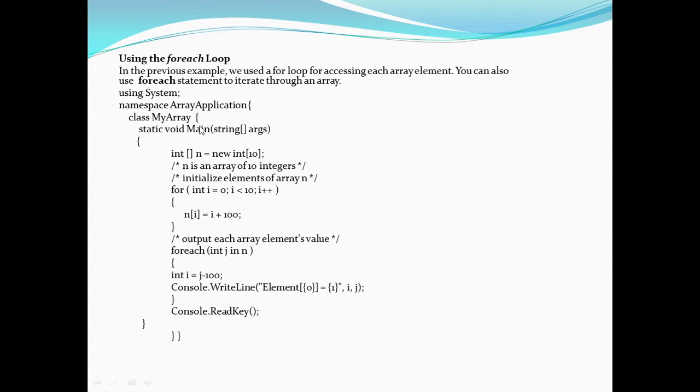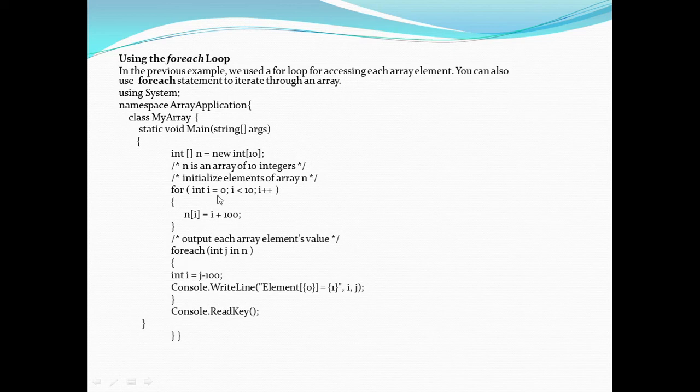Here in this example, we have taken 10 elements and then used the for loop for assigning the values to the array elements, and the values are assigned as we have discussed in the previous example, from 100 to 109 to the 10 elements of the array.